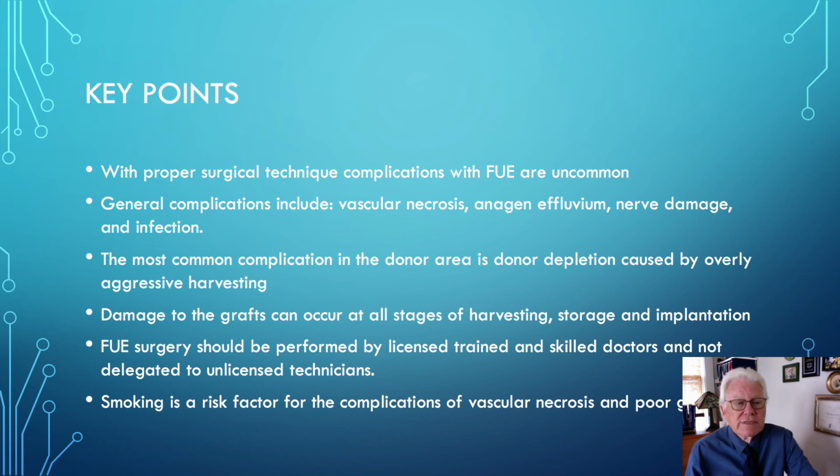Damage to the grafts can occur at all stages of harvesting, storage, and implantation. FUE surgery should be performed by licensed and trained and skilled doctors and not delegated to unlicensed technicians. Smoking is a risk factor for the complications of vascular necrosis and poor growth.